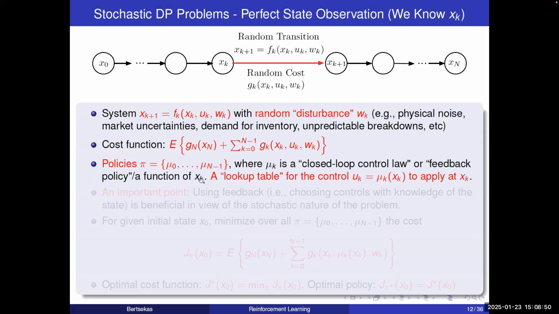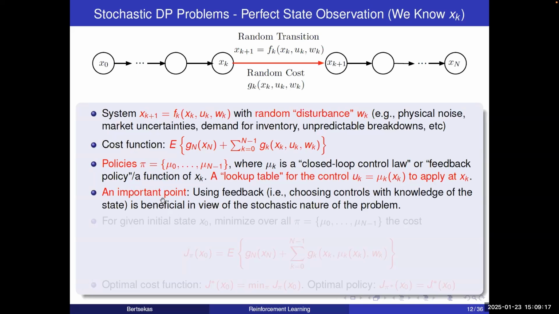Each one of these mu's, mu k of xk, is a function of xk, and as a function can be used as a lookup table. So when you reach xk, you look up the table for the control to apply. That's the nature of the policy. A lookup table for every stage that tells you what to select when you are at any given state.